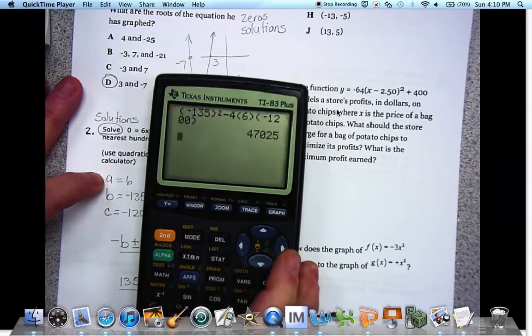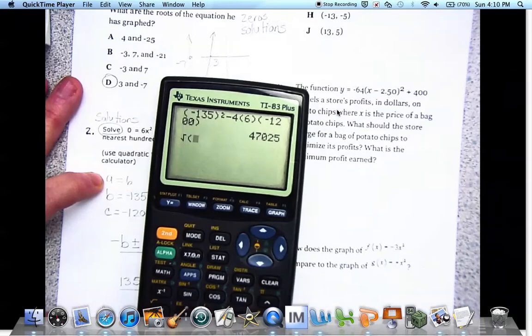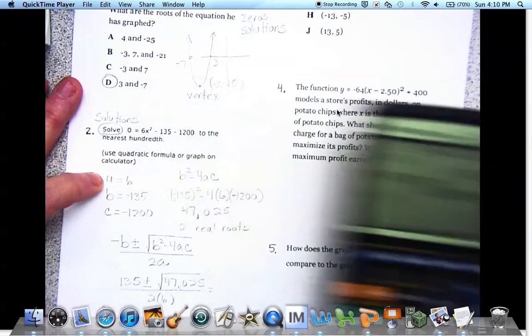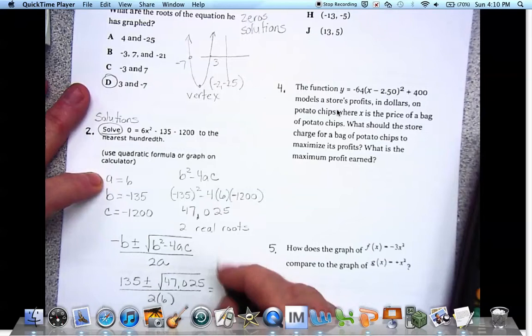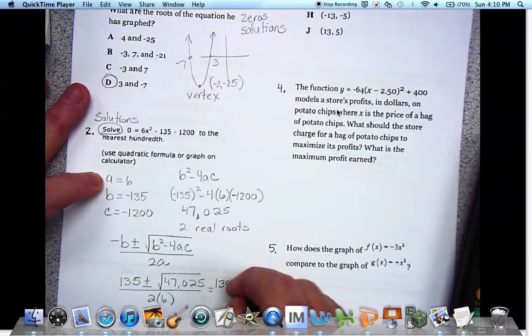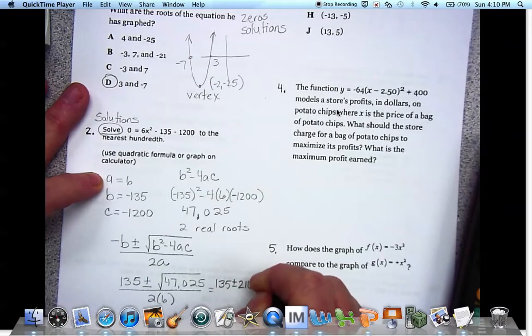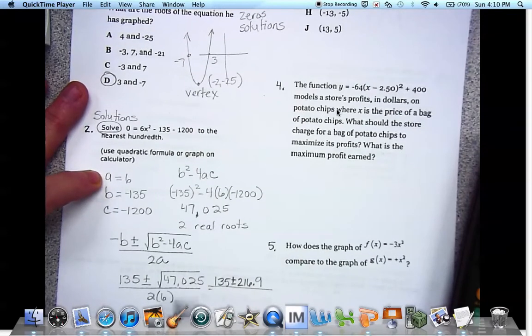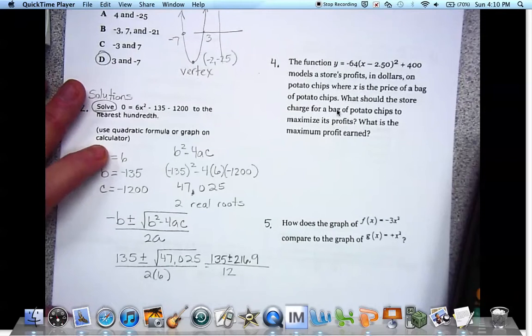Let's see what the square root of 47,025 is. It doesn't come out even. It's 216.85. So 135 plus or minus 216.9, over 2 times 6, which is 12.